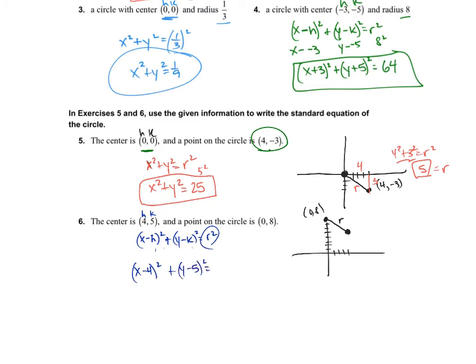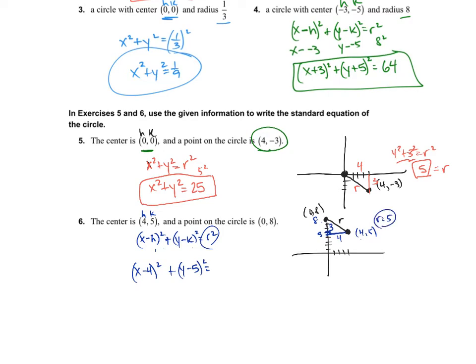Now, the hard part is finding this r. Well, you got the equation. You know over here what this point is at. This point is at 4, 5, and you know that's 0, 8. You can use the distance formula to find the distance from 4, 5 to 0, 8, or you could just use Pythagorean theorem again, since you kind of quickly graphed it from over here. We went from 0 to 4, that's a distance of 4, and then we went from 5 to 8, so that's a distance of 3. Again, we've got a 3, 4 right triangle right here, so r would be 5.